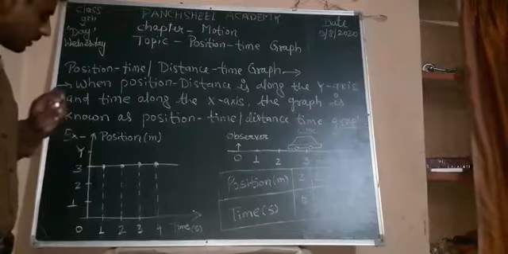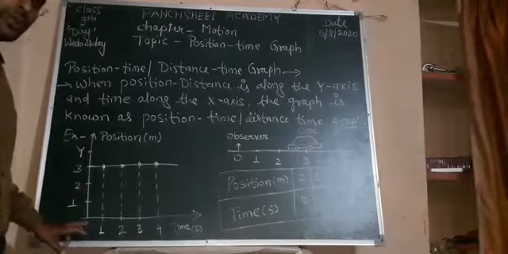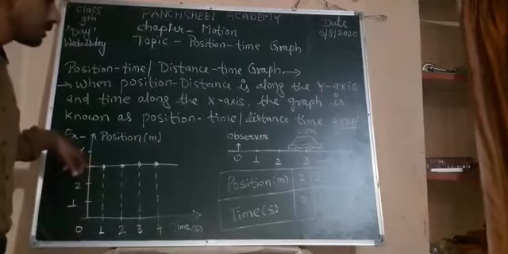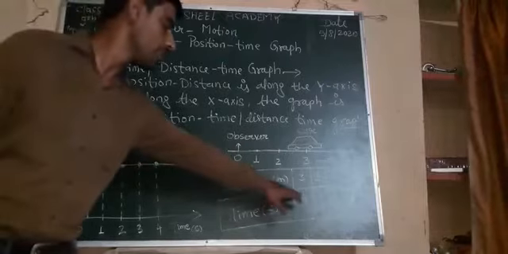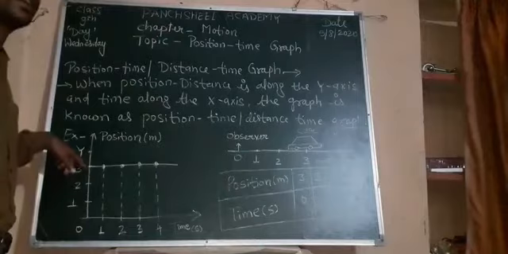Let's see here. At time t equal to 0, what is the position? At time t equal to 0 the position is 3 meter.